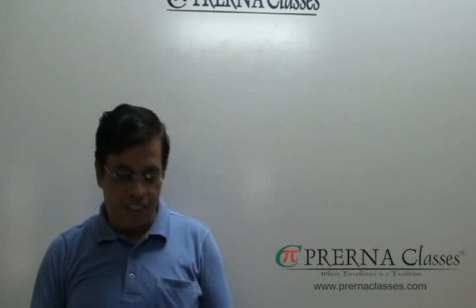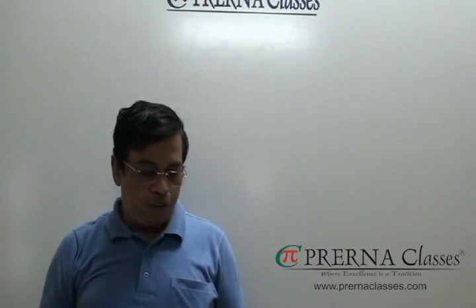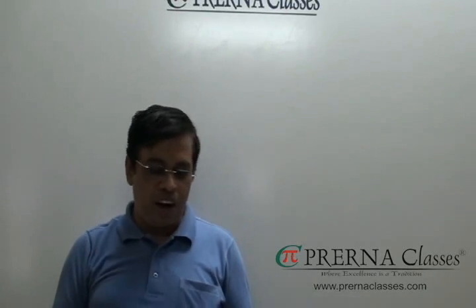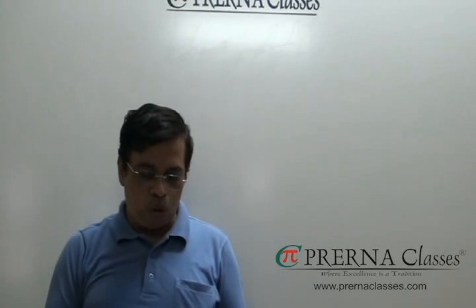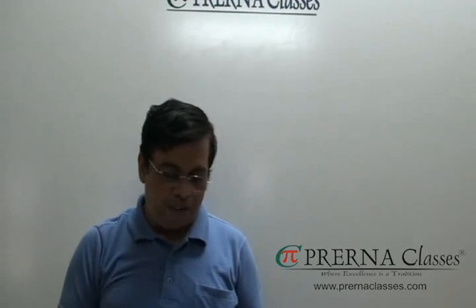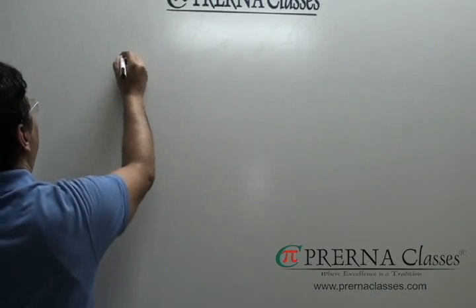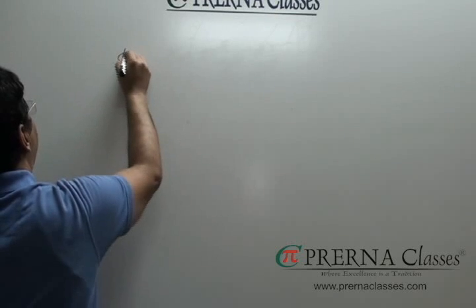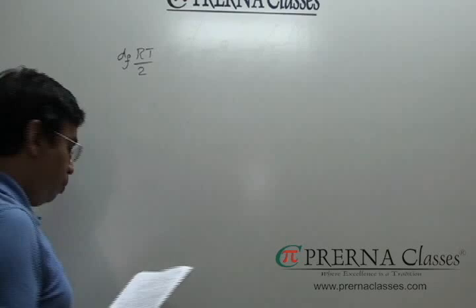Moving to the second section, that is multiple correct options. The first question there talked about a container of fixed volume containing 1 mole of hydrogen and 1 mole of helium. The first part that you're looking for was the average energy per mole of the gas mixture. We know that the energy for 1 mole of a gas is going to be the degrees of freedom into R into T by 2.